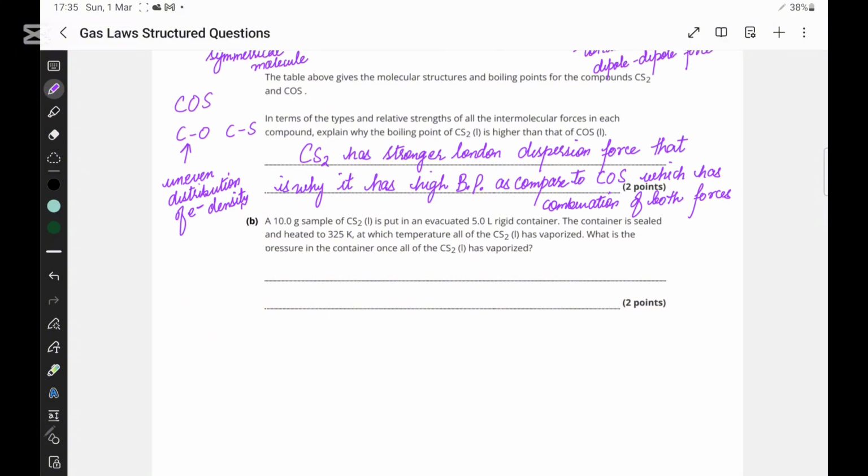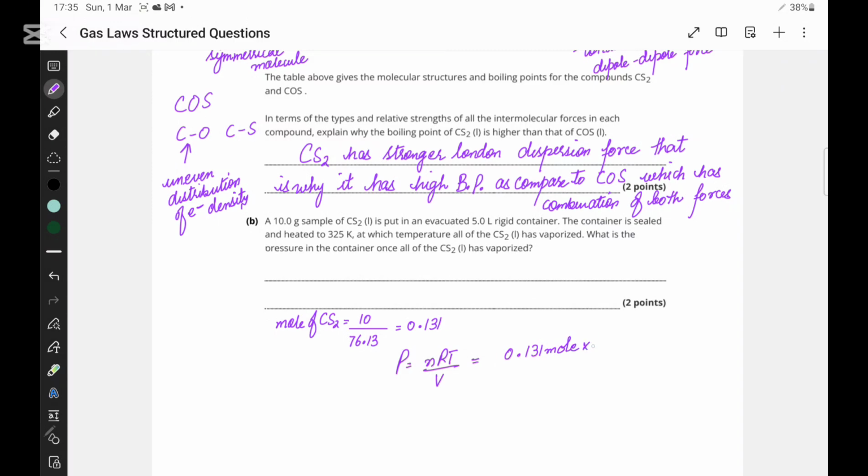So they are saying a 10-gram sample of CS2. First we are going to find the moles of CS2, that is mass over molar mass of CS2, which is 76.13, and that comes out to be 0.131. And then they are saying we have to use the formula P is equal to nRT divided by V to find the pressure. Moles are 0.131 mole.